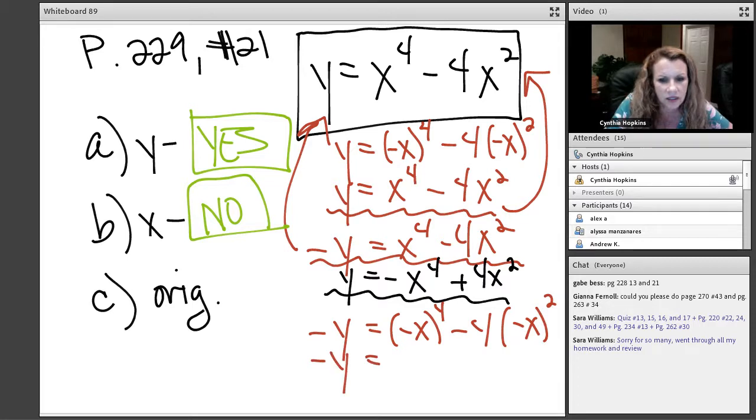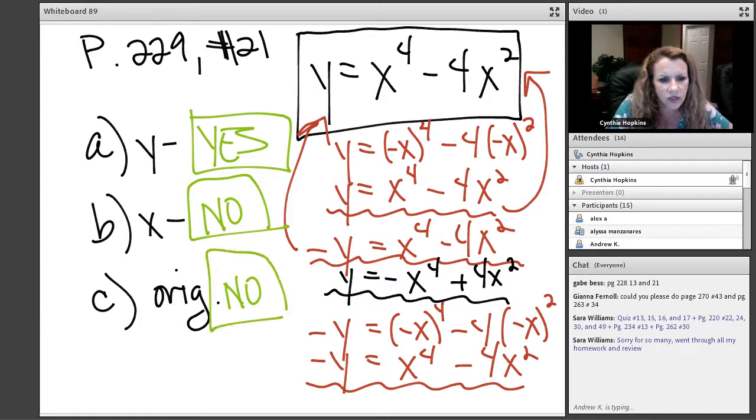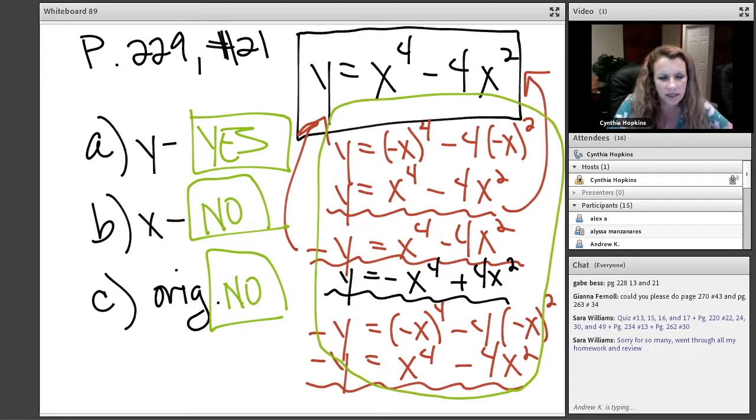The -x to the 4th becomes +x to the 4th, and this becomes -4x squared. This is still not equivalent to that original equation, and so this is also a no. So my final answers are yes, no, no. But more importantly, this is my work showing why it's a yes, no, and no. Okay, there you go, Gabe.